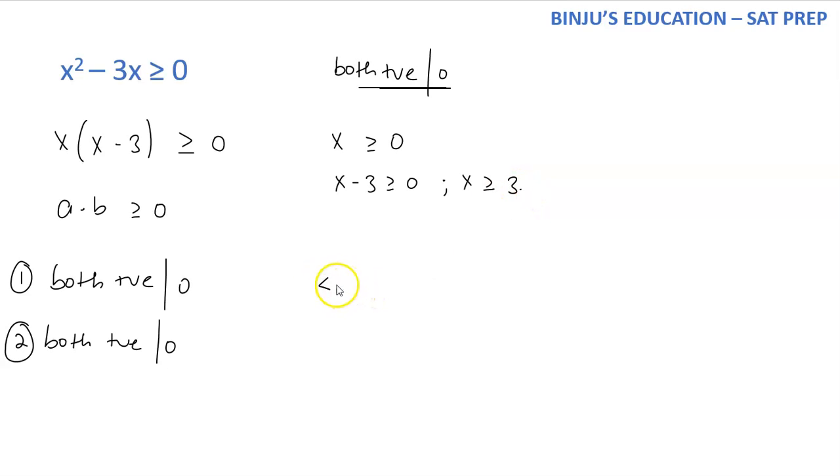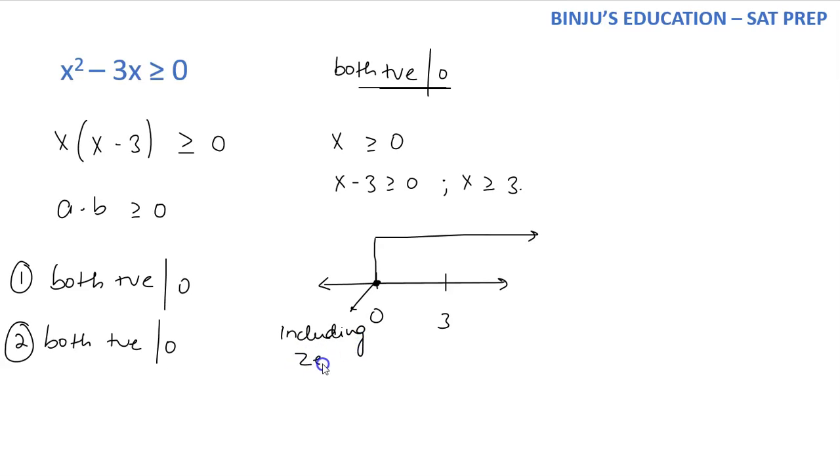Now plot this on the number line. So 0 and 3. Now I have x greater than or equal to 0. I'm going to draw a dot here, which basically means that I am including 0. Or you can draw a dot here also, either way it works.